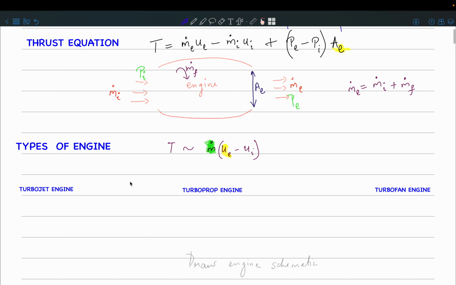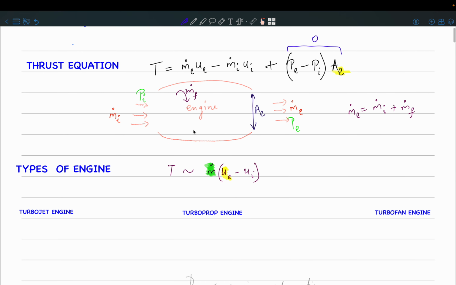So now if I further assume that m dot E is nothing but m dot I plus m dot F, but the amount of fuel that you are adding is very small as compared to the amount of air that you are taking in. So since m dot F is much lesser than m dot I, I can assume that m dot E is equal to m dot I, and you can write the thrust is approximately m dot into UE minus UI.